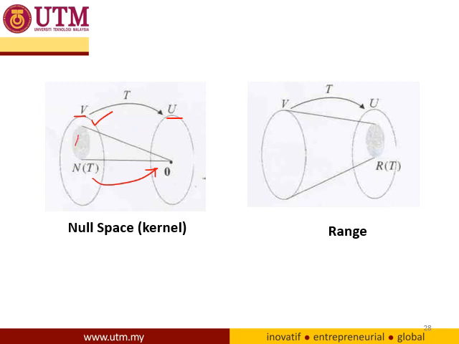Any vector in this V. But for range, anything in V here, right, that is transformed into this space here in W. Okay, so the range is in W. Oh, sorry, for this case U. For null space, it's in the V. Alright, remember, null space is in V, range is in U.